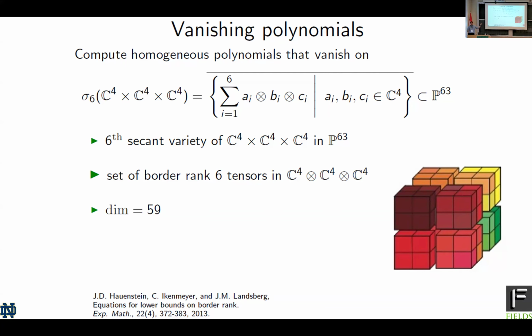What are polynomials that vanish on this variety? I've given you a parameterization. Tell me polynomials that vanish. It's a very, very challenging computation. Macaulay 2 runs out of memory very quickly. Bertini doesn't compute vanishing polynomials, so you're kind of stuck here.